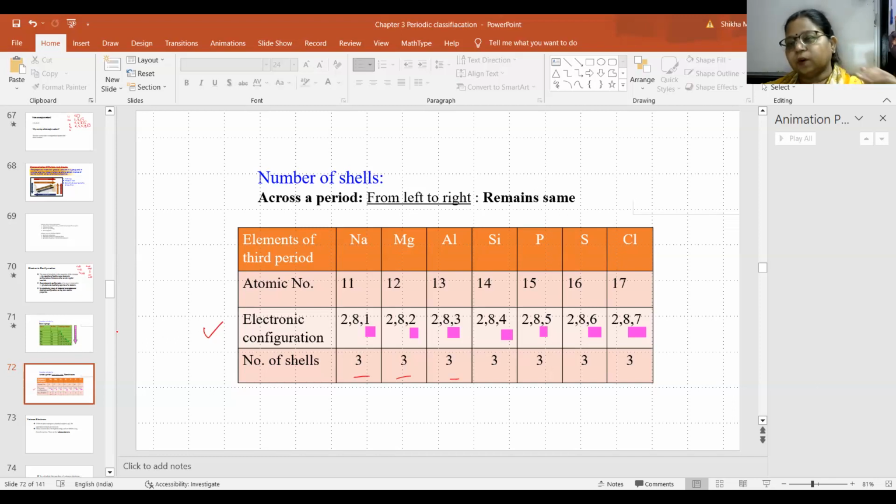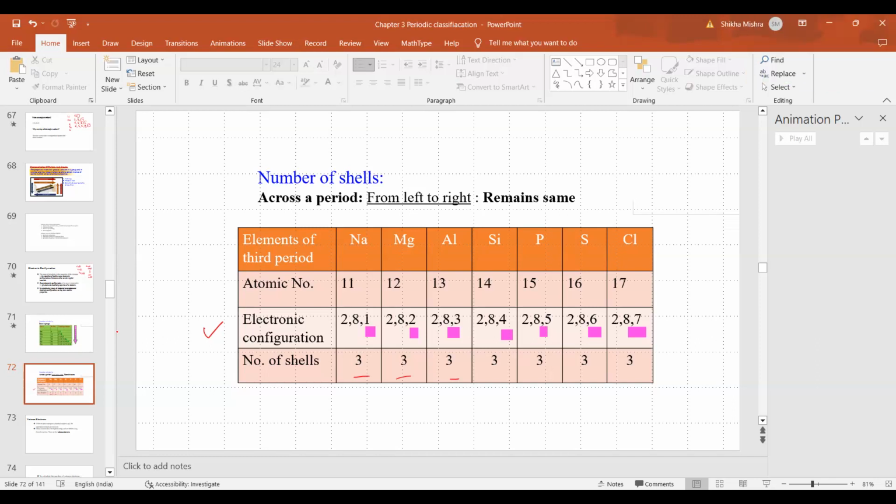When we move from left to right in a period, the number of valence electrons increases. Please remember, whenever we are talking about trends, we usually talk about S and P block elements. We do not consider D block elements because in them, the electron enters into the penultimate orbit, right? Is this trend clear to all of you? So that I can quickly move to the next trend.